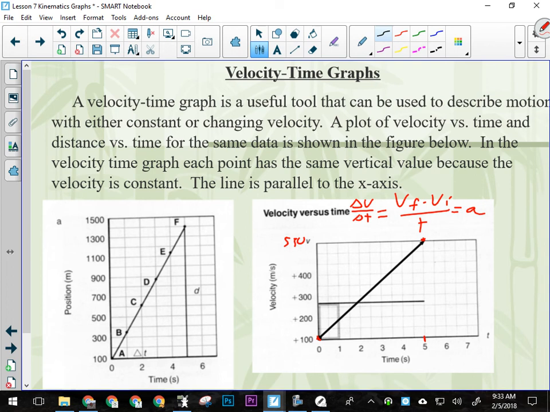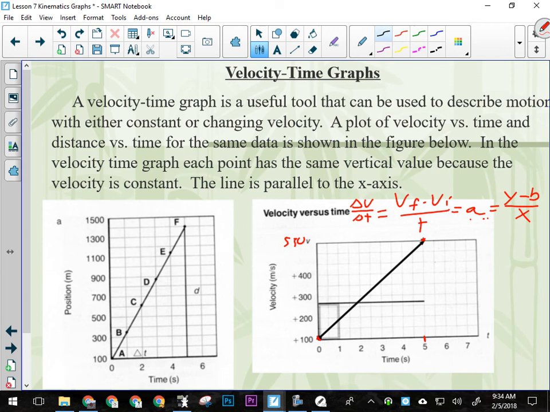When I calculate acceleration, what am I really calculating about this line? Does this formula look like this? That's where that formula comes from.